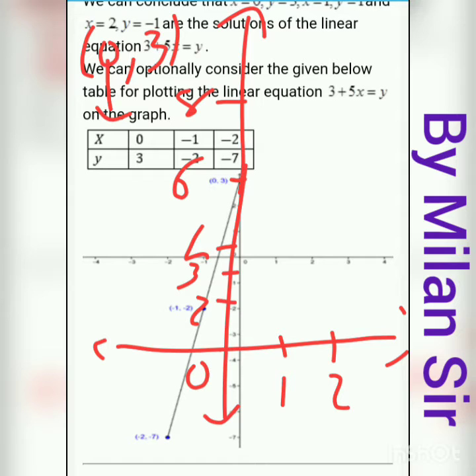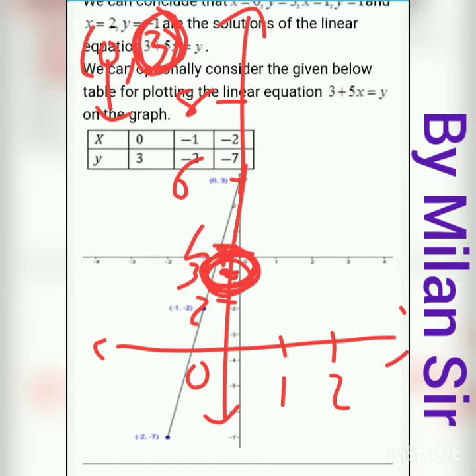And if our x is equal to 0, it means our point lies on the y axis, right? So on y we need to check 3, so here we have 3. The x coordinate is 0, that means this point lies on the y axis. So this is our first point.